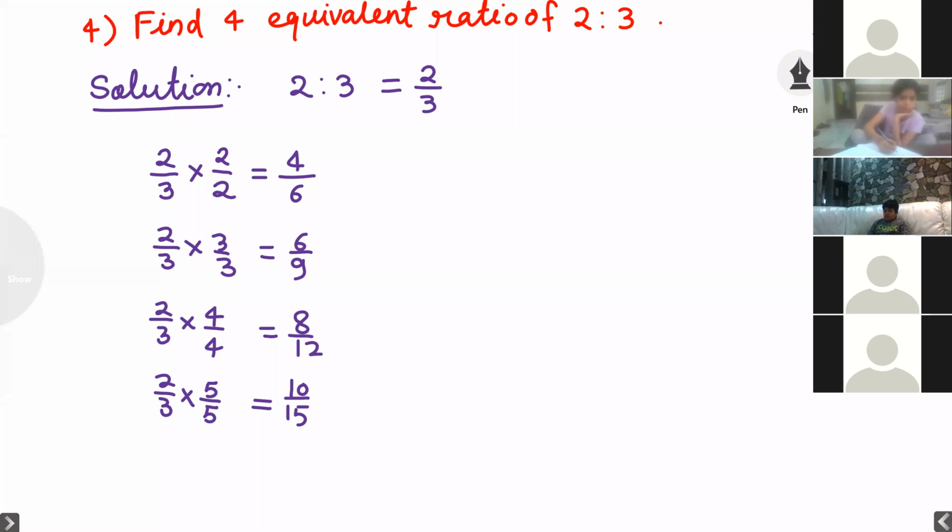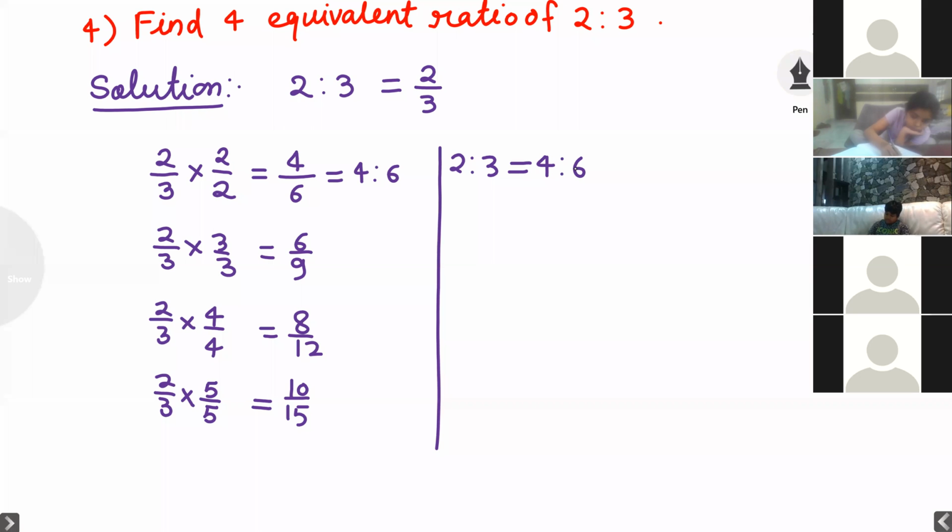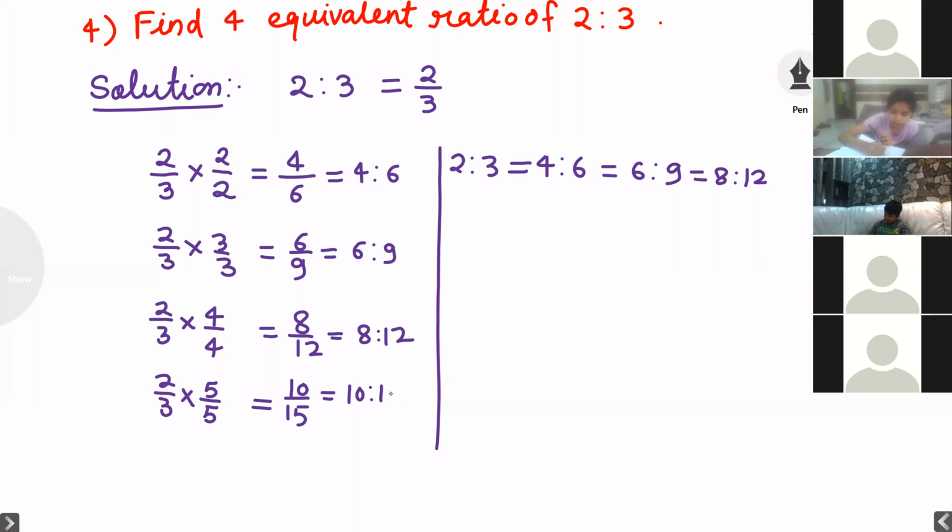Now we'll write the answer here. 2 is to 3 is equal to 4 is to 6, meaning 4 by 6. 6 by 9 means 6 is to 9. 8 by 12 means 8 is to 12. 10 by 15 means 10 is to 15.